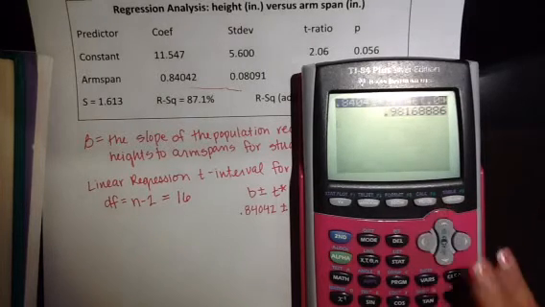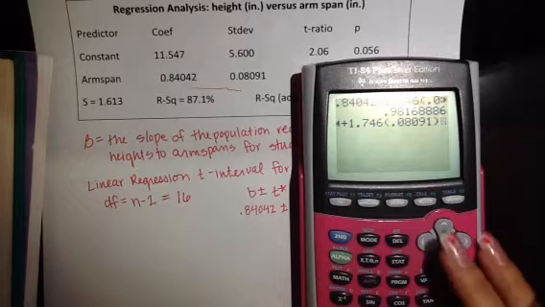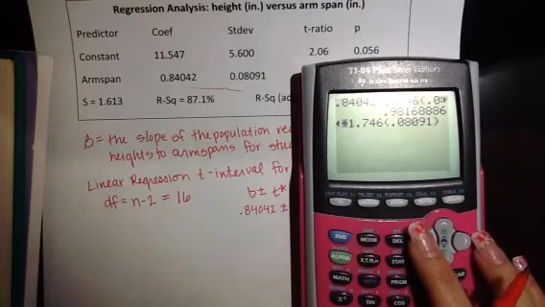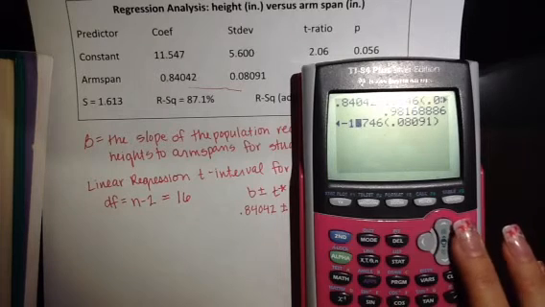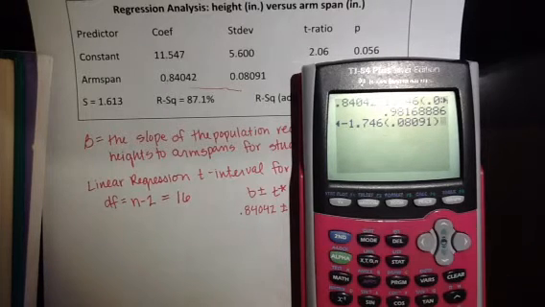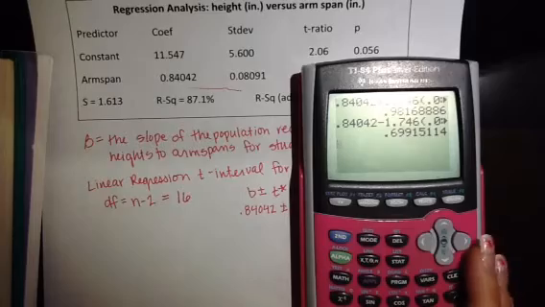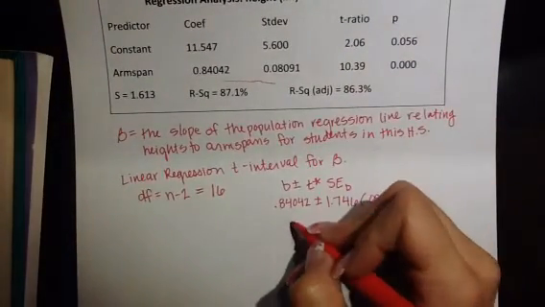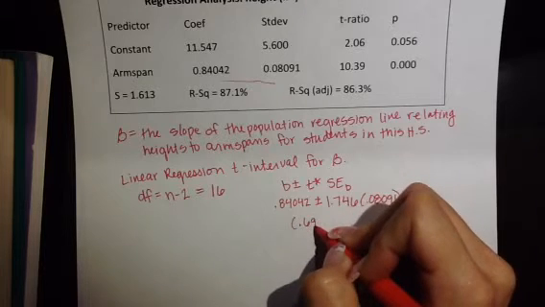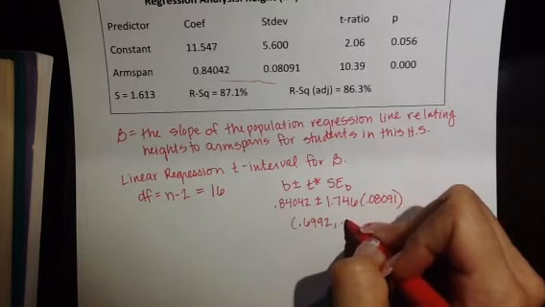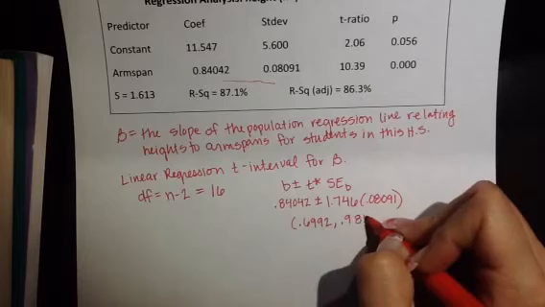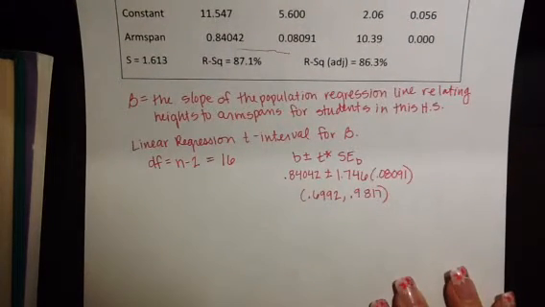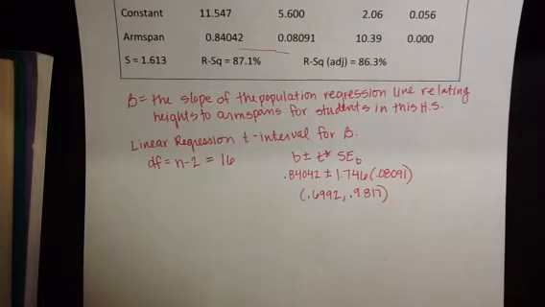Now I'm going to arrow up here, press enter, and it's going to re-input the same thing, and then I'm going to arrow over to change that plus to a minus, and enter again, and I get 0.6992, and that's my confidence interval, 0.6992 to 0.9817. And then as always, I'm going to give this solution in context.